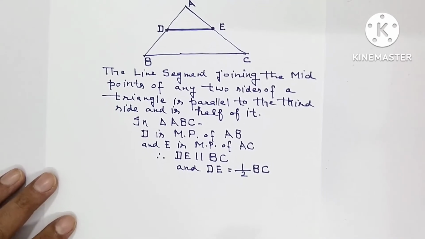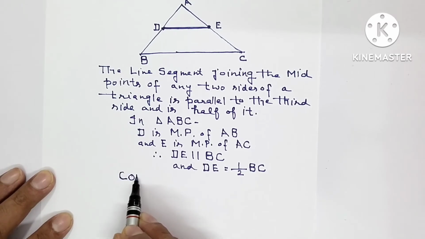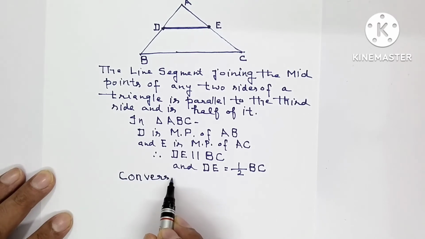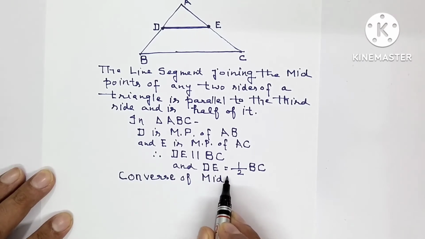Now I am explaining here the converse of the midpoint theorem also, which will be applicable in many questions of exercise 8.2 and extra questions. Converse of the midpoint theorem.